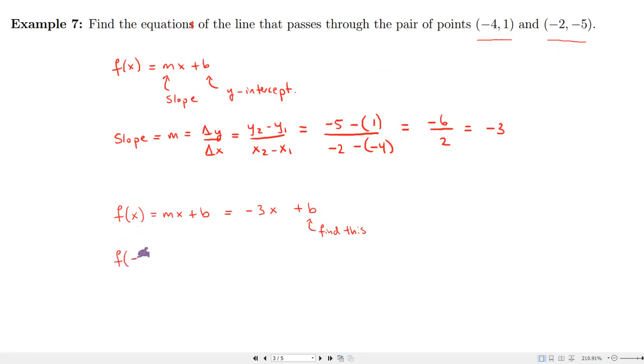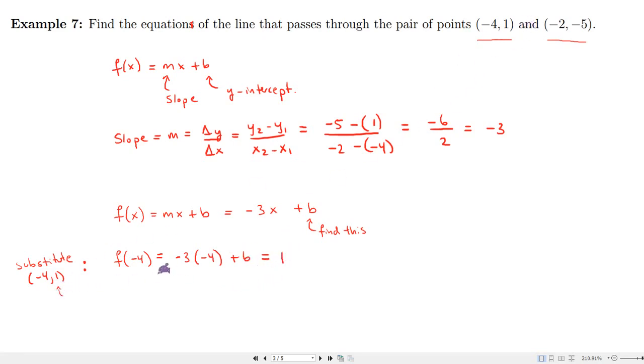So if we substitute in, the input is -4, and the output is 1. What do we get? If I substitute -4, then this will be -3 times -4 plus b, but we also know that this is equal to 1, right?